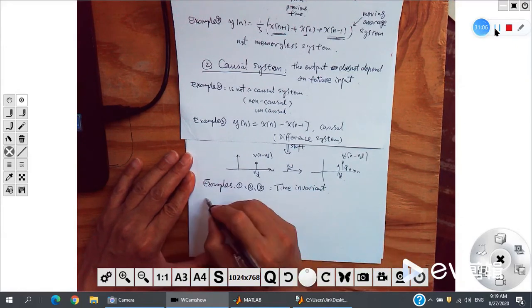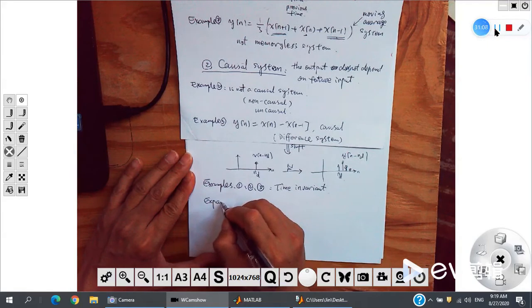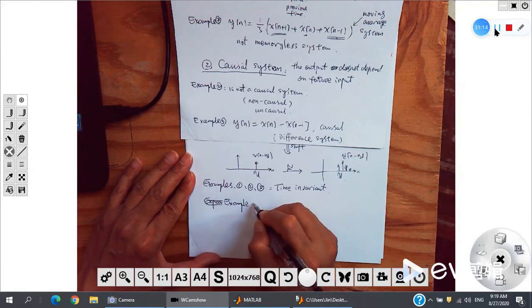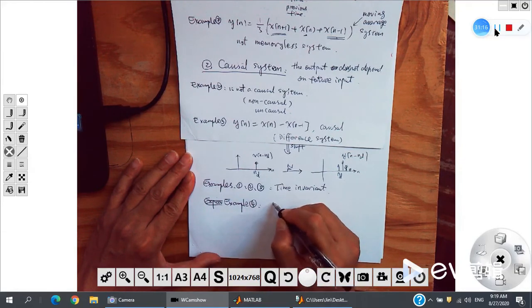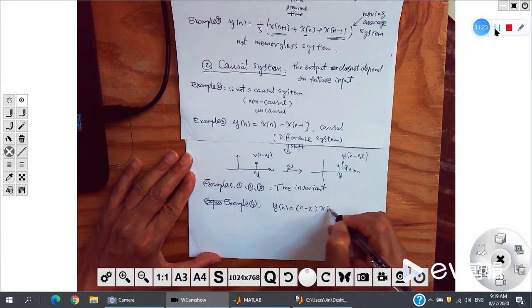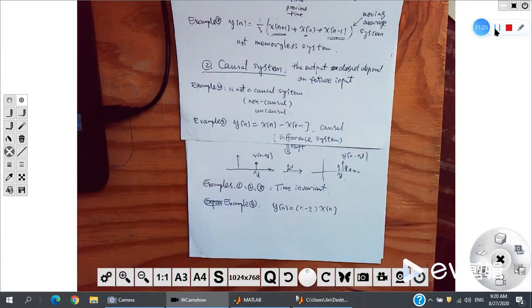And example 4: y of n equal to n minus 2 times x of n. This one is time variant.